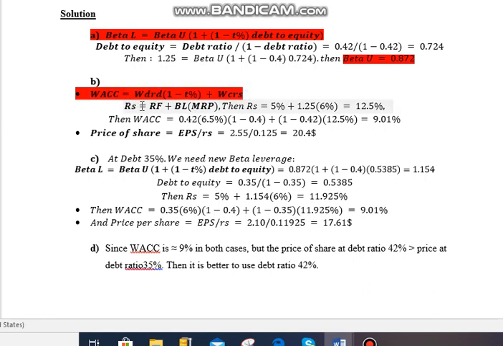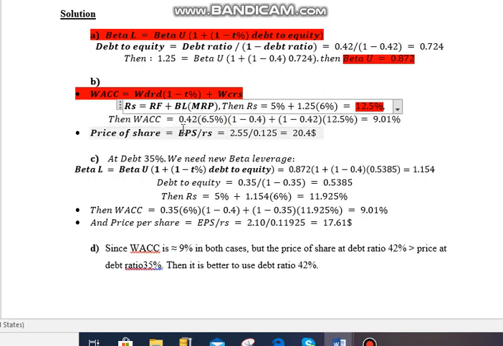The cost of equity is risk-free plus levered beta times the market risk premium. Then RS equals the risk-free 5% plus the levered beta at this level, 1.25, multiplied by the market risk premium 6%. So RS will equal 12.5%.